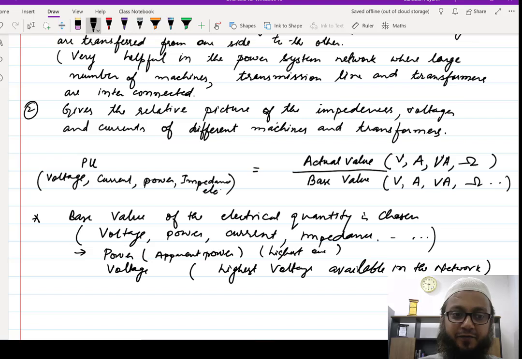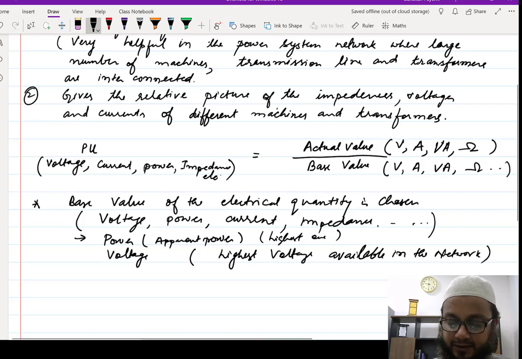So in a network where you have connected multiple transformers, once you know the apparent power of your transformer, the base value, you can easily define the per unit power of the transformer there. We'll take up an example where this will be clarified better.